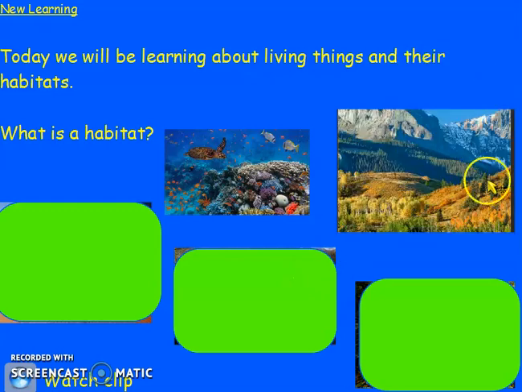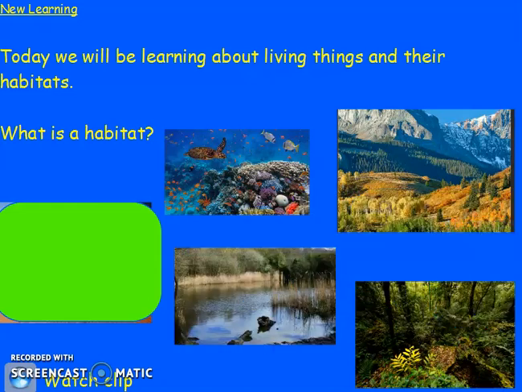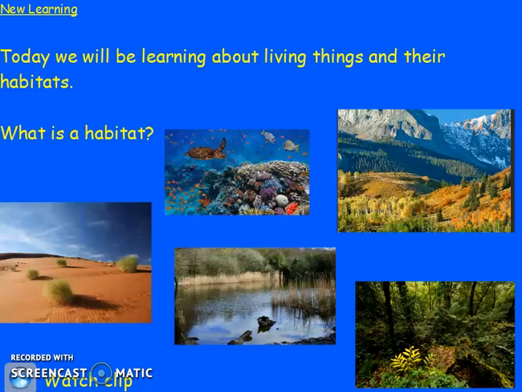We've got mountain area habitats, woodland and forest habitat, another water area, a lake or dam habitat, desert, dryland habitat. Here are some examples of where some creatures choose to live.